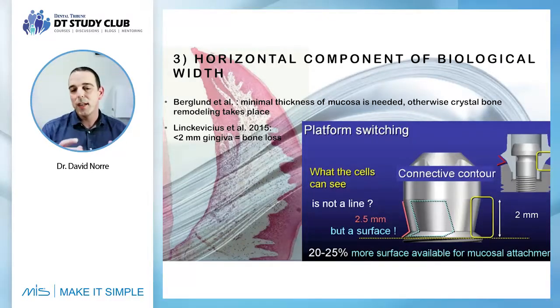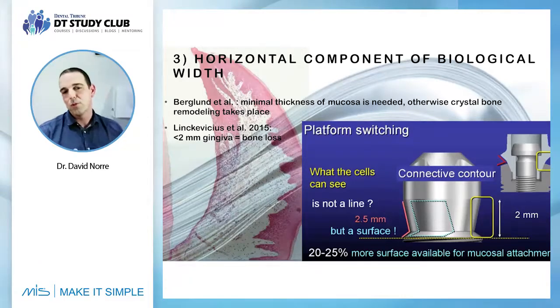In fact, you win almost 20 to 25% of gingiva. It means if you have a height of 2 millimeters, with a platform shift you can raise it to 2.5 millimeters. And everybody knows now that if you have less than 2 millimeters of gingiva, you're going to have bone loss. So creating a platform shift, you win gingiva.